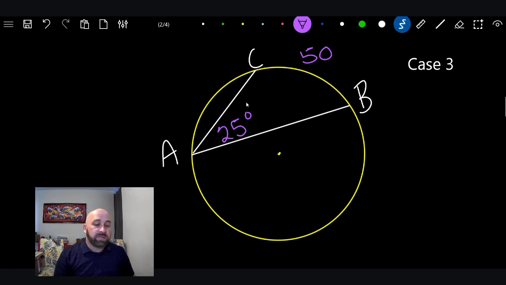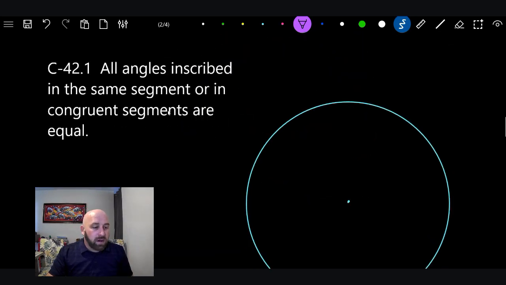If the arc is 50 degrees, then we know that the angle is 25 degrees. All right, so that's case 3. That's when we have the point outside of the angle. Case 1, point was on the angle. Case 2, the point was inside the angle. In case 3, the point is outside of the angle. All right, we're still on page 151.